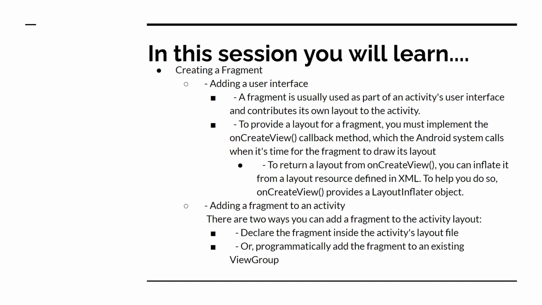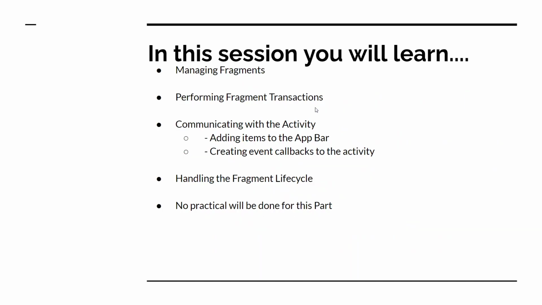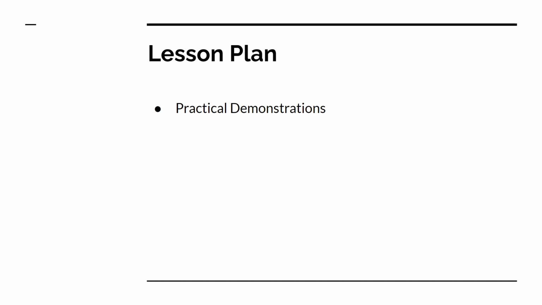Okay, and then we'll be talking about adding a fragment into an activity, because when you run fragments you usually run them inside an activity. So there are two ways. We'll be talking about those two ways, and then we'll be talking about this stuff listed here. So as usual we are trying to do it as a practical discussion, right? Okay, let's see about it now.